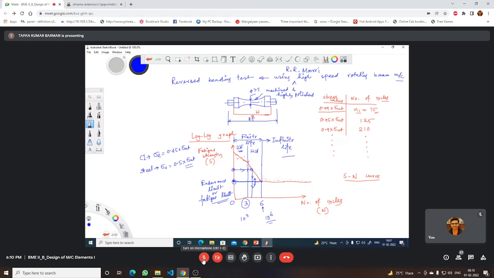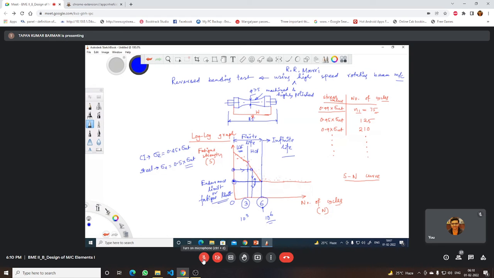Why do we assume infinite life after 10 to the 6 cycles? Statistically, if the material can survive up to this level, we assume that statistically it has got infinite life. We expect that. There may be different values, but generally in different books you will get 10 to the 6 as the limit.